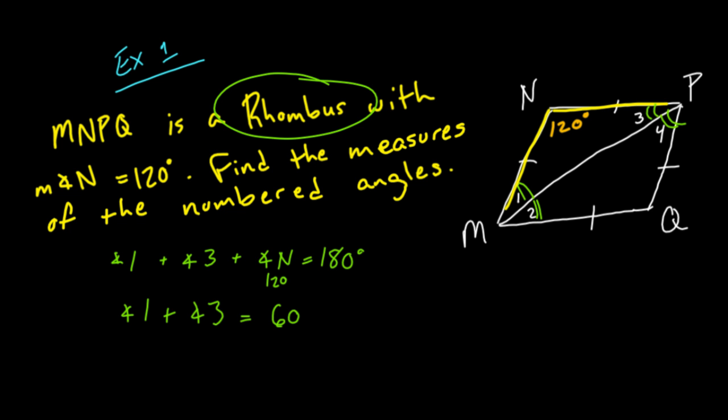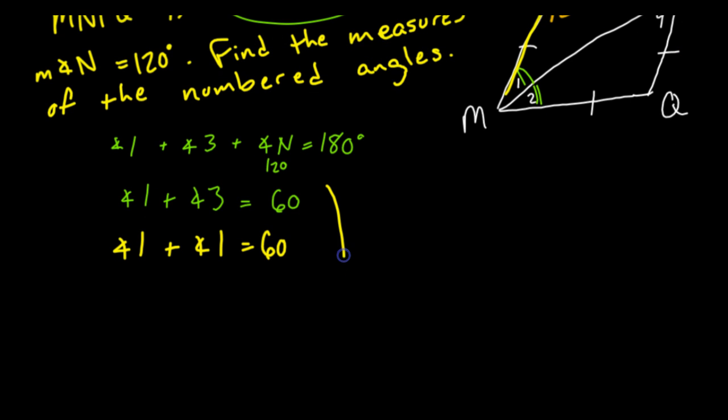Now, what we were saying is that angle 1 and 3, because they're congruent, we could just say angle 1 plus angle 1, right? 1 and 3 are the same thing, so angle 1 plus angle 1 is 60 degrees. It'd be like us saying x for angle 1. It's just the same thing as angle 3.